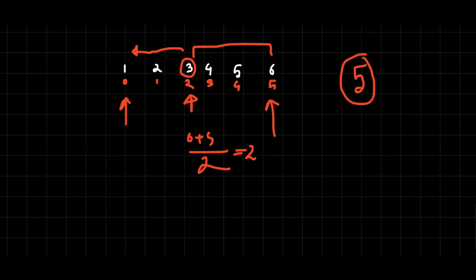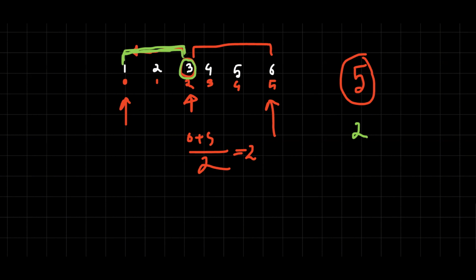So it is not possible to find 5 there. So we have to find the 5 in this direction. Now suppose we are finding the element 2. So 2 is obviously less than 3. That's why we have to find the 2 in this region, right?